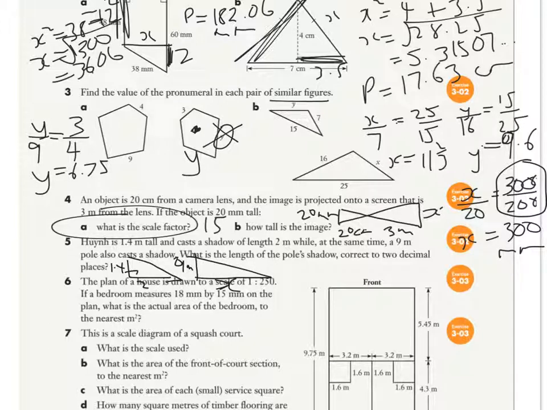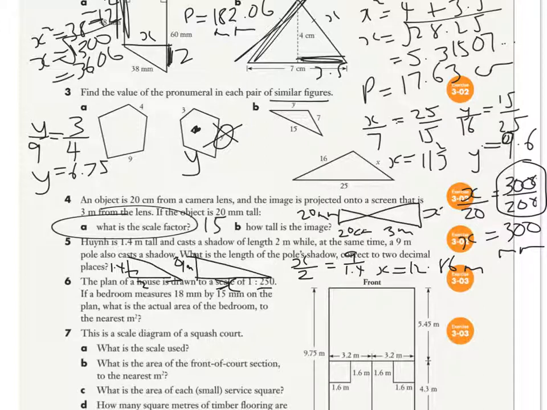How long is the shadow? So again, x over 2 must equal 9 over 1.5 times by 2, both sides, and we get 12.86 meters.